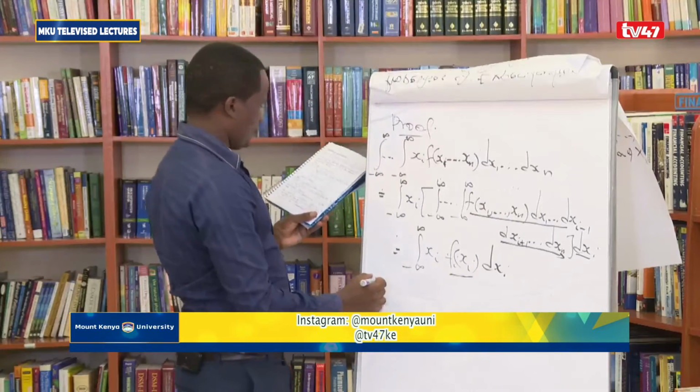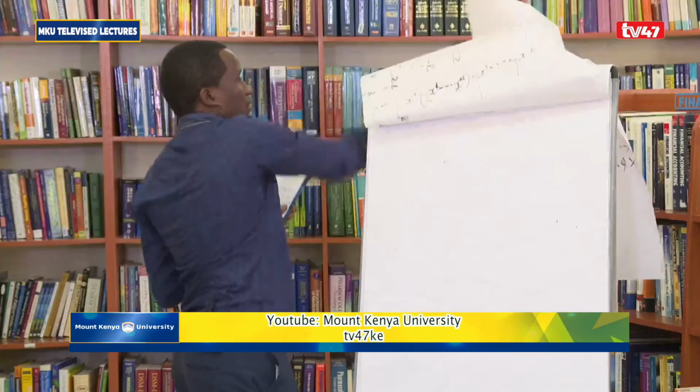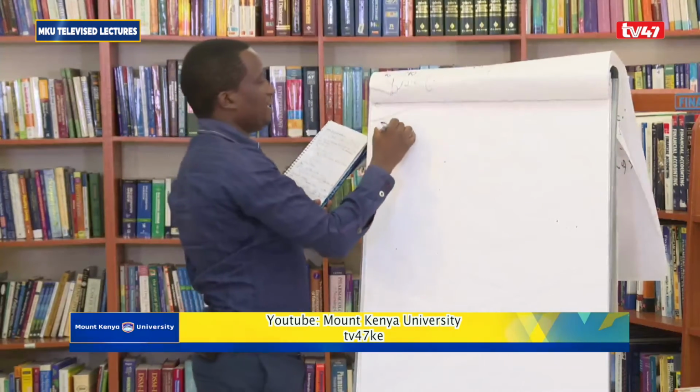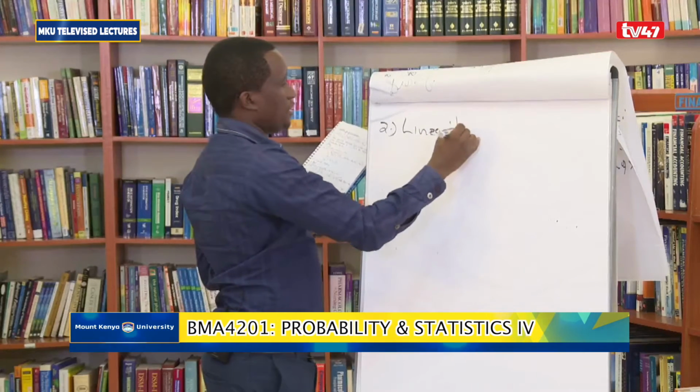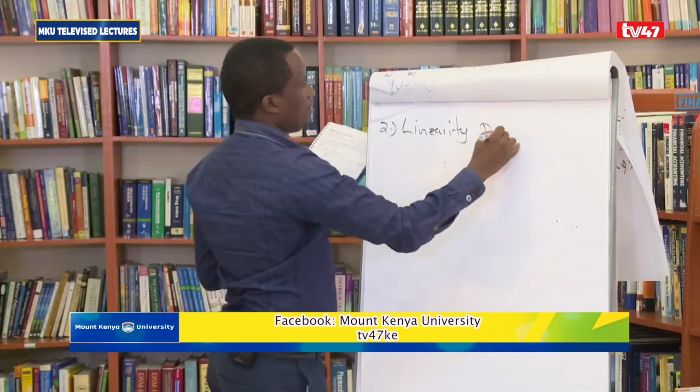Property number 2, called the linearity property.